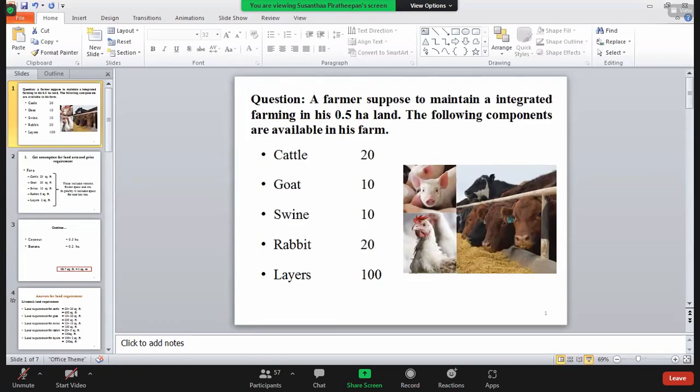So in poultry, nest box also is included within these areas. So I'm again reading cattle 20 square feet, goat also 20 square feet, swine 10, rabbit 5, layers 2. Actually, it's just an assumption. That's why the cattle and goat need the same area, but in practice, cattle need more area.